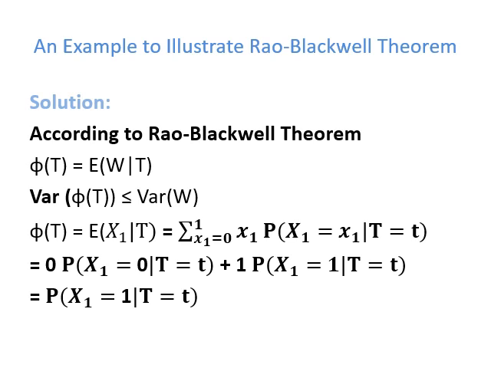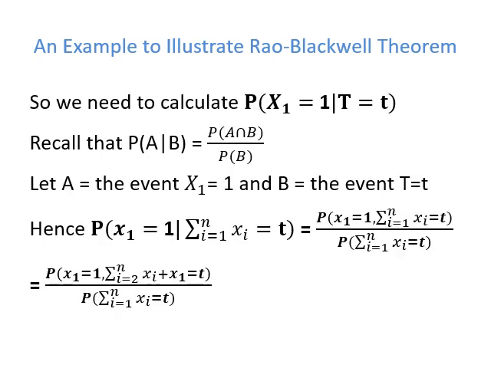So we want to calculate now the probability that X1 equals 1 given t. In order to calculate it, we recall from the rules of probability, you took this rule in the course of probability 1, I think, that the conditional probability of A given B is equal to the probability of A intersection B over the probability of B. So here we are going to use this rule.